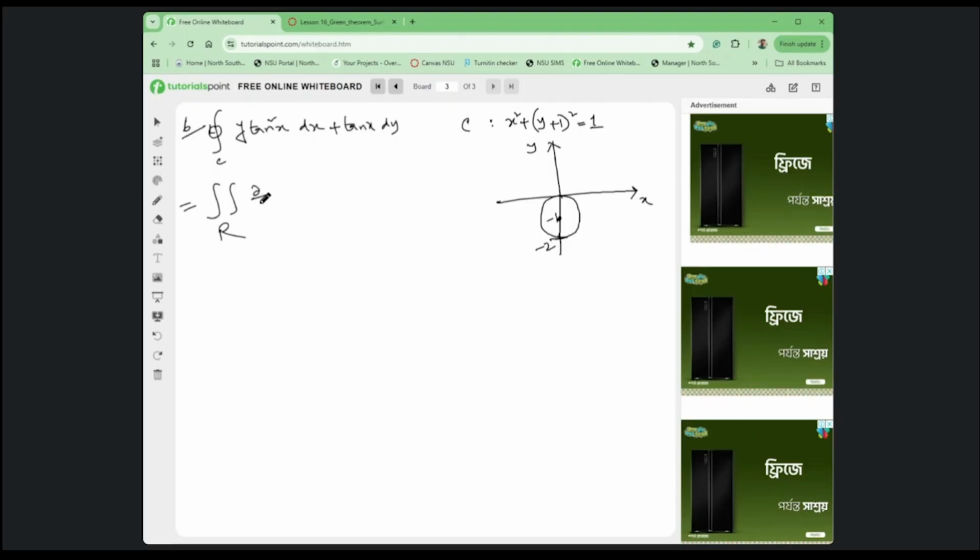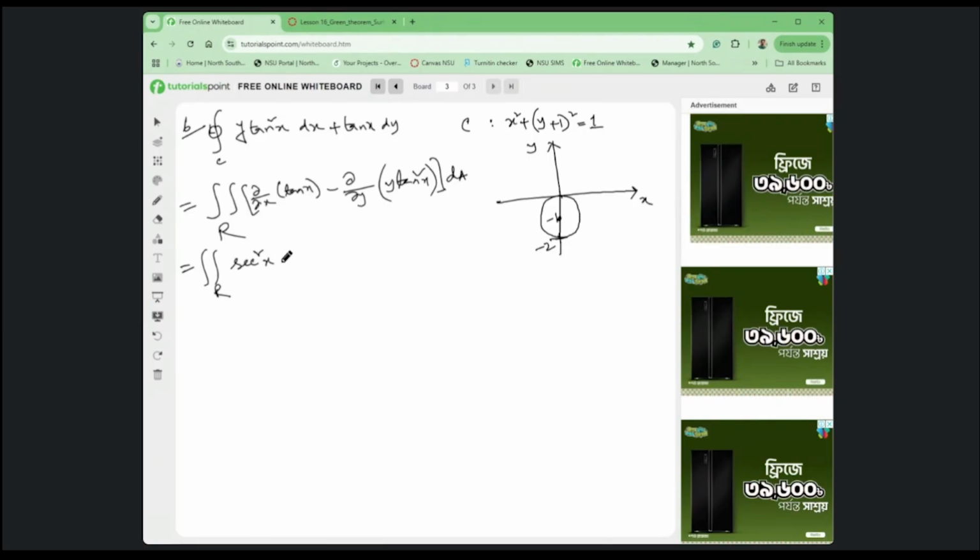Okay, so now del x of this minus del y of this, dA. Del x of tan x is sec square x, and there is tan square x, right? This gives 1 dA.